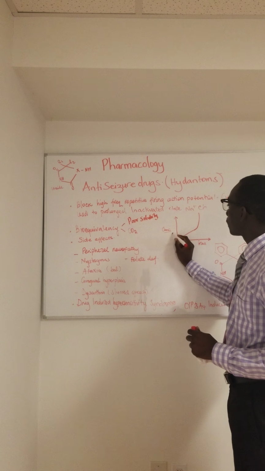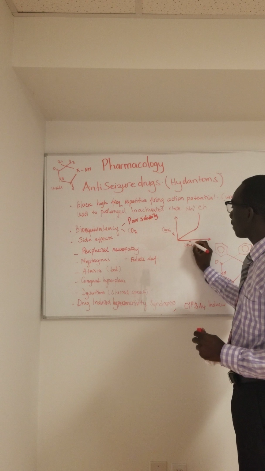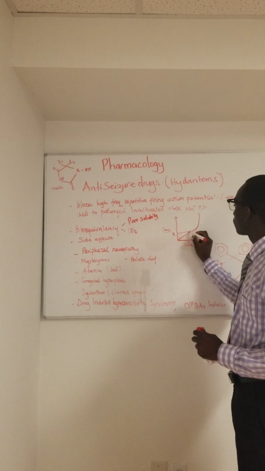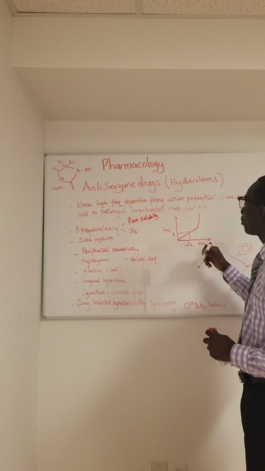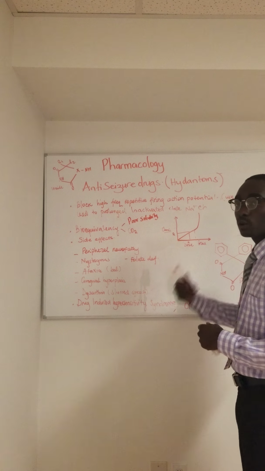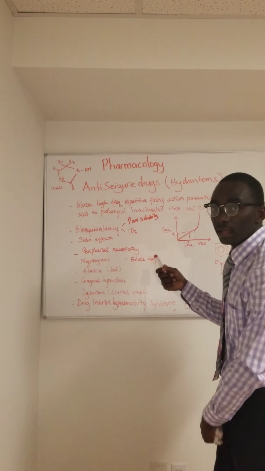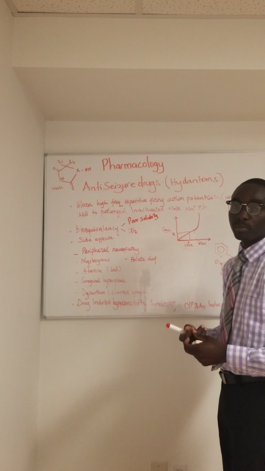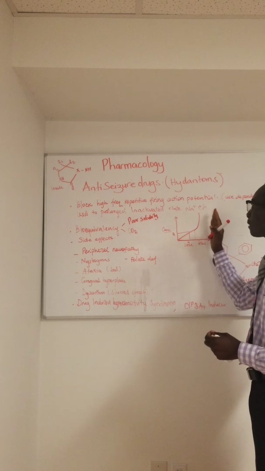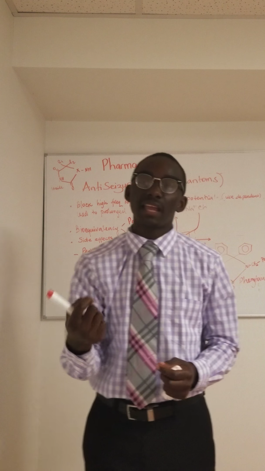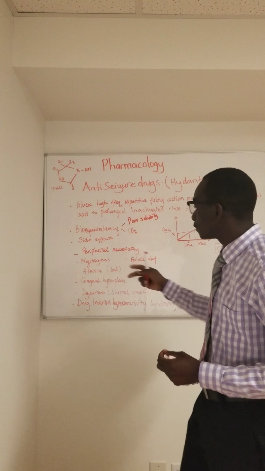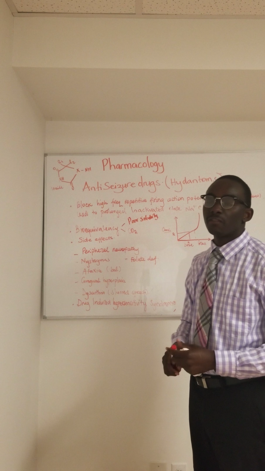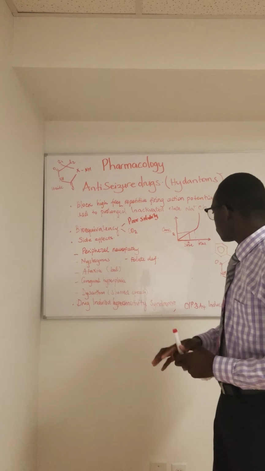So if I double the dose, I'll also double the concentration in the blood. Then there is what we call a Vmax, the point of the maximum dose that I can give a patient. If I exceed that maximum dose, any slight milligram that I add might lead to toxicities, and it will precipitate all these side effects that we've seen here.